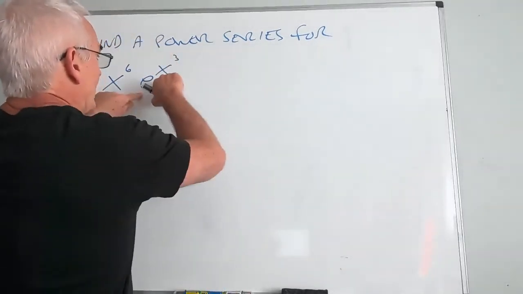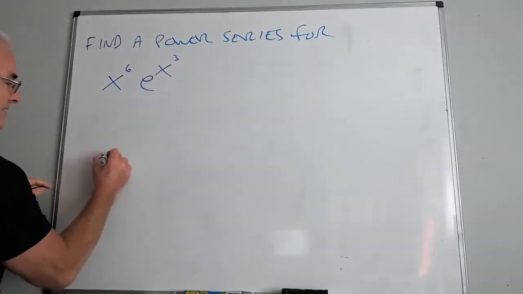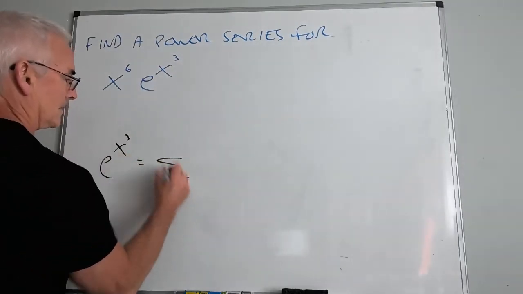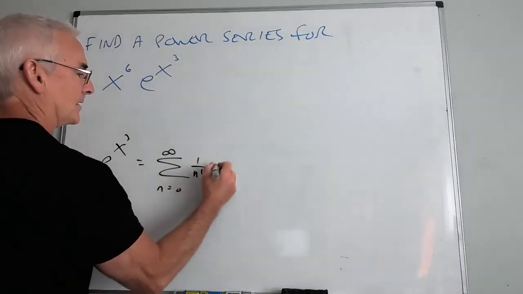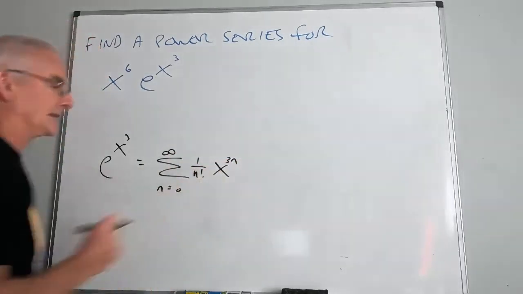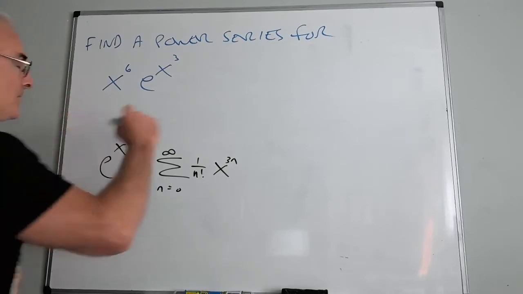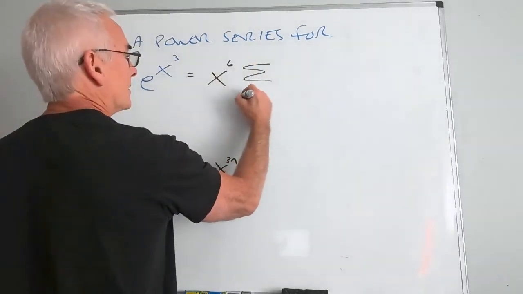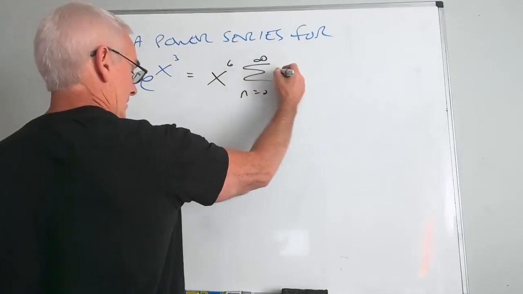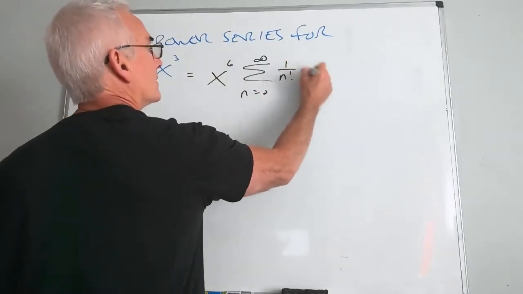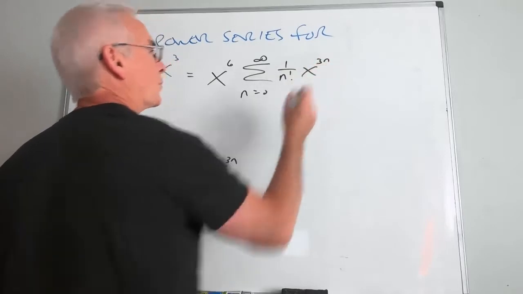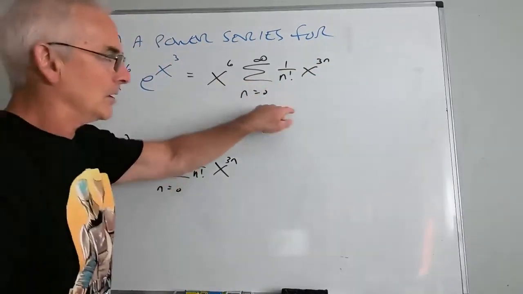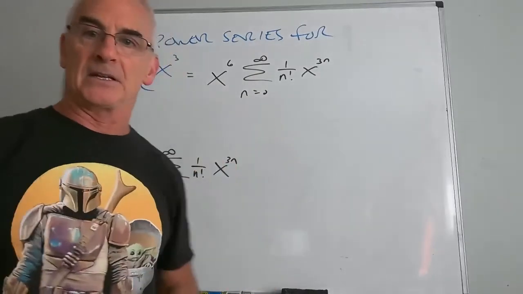You just told me that the power series for e to the x cubed was this, correct? So that means that this is x to the 6th times this. Now the question, when it comes to a sum, n cannot be in and out of the sum.